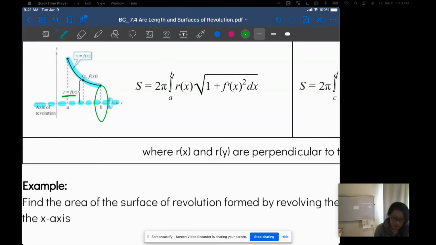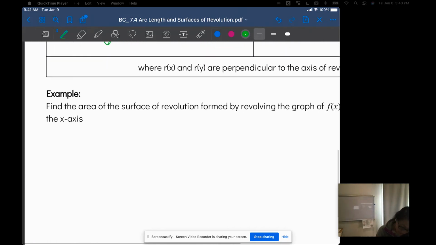What we're doing is taking the circumference of the circle and multiplying it by the arc length, basically. So the 2 pi r is the circumference, and then the root of 1 plus f prime of x squared is the arc length of the curve, okay? And then you rotate it around and it makes a circle. This is like the toilet paper roll all over again.